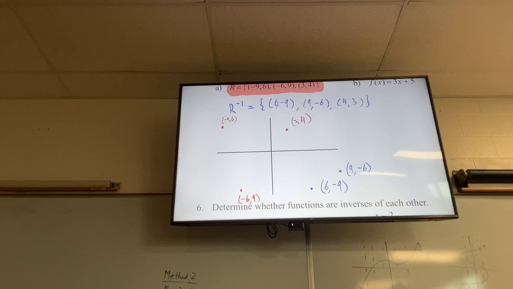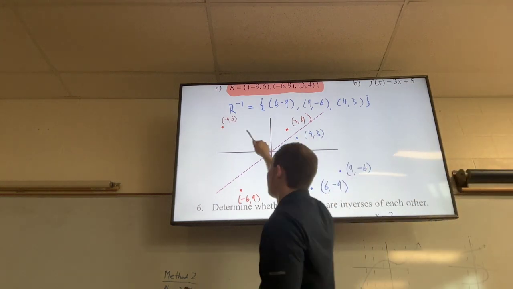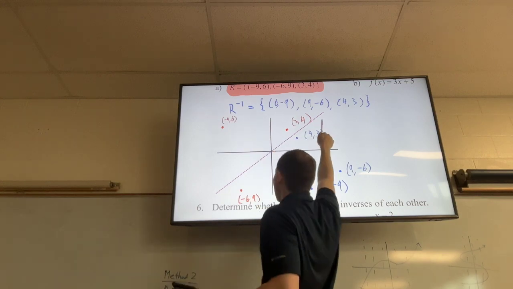And 4, 3. And then let's graph the line y equals x. All right, so if I had any artistic ability, you're supposed to see that the blue points are just a reflection of the red points over this diagonal line here.